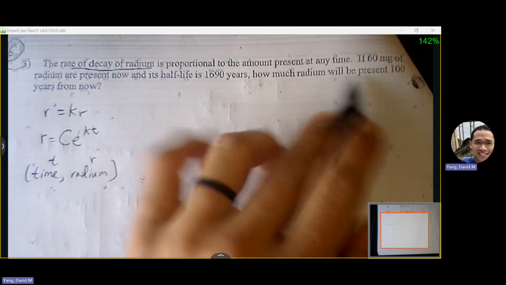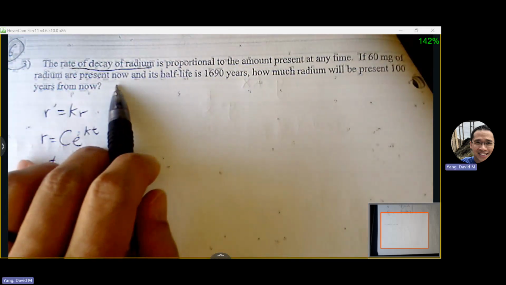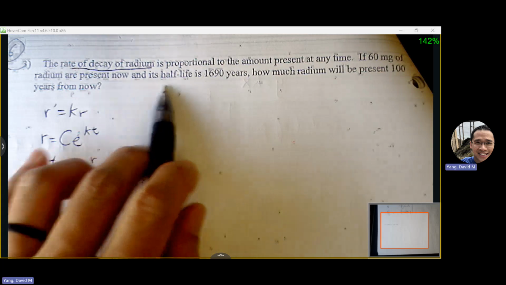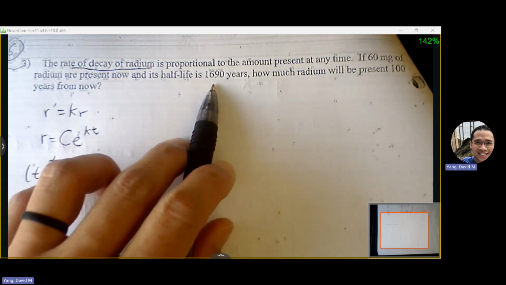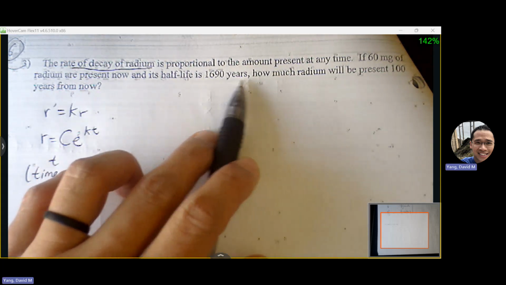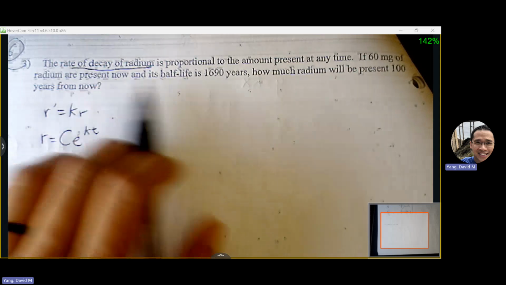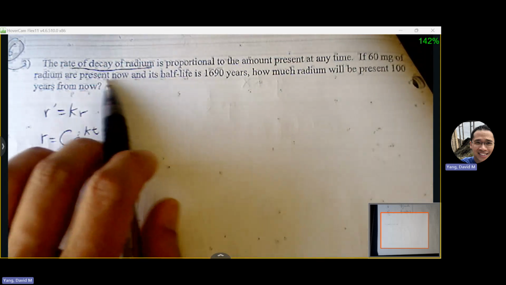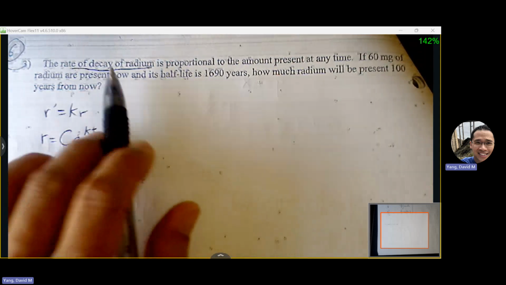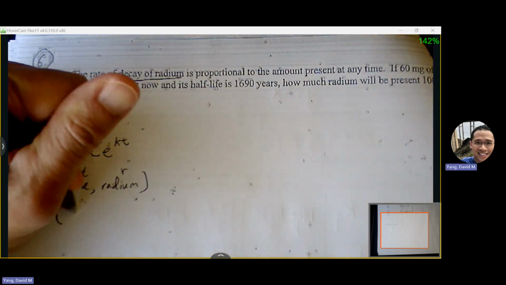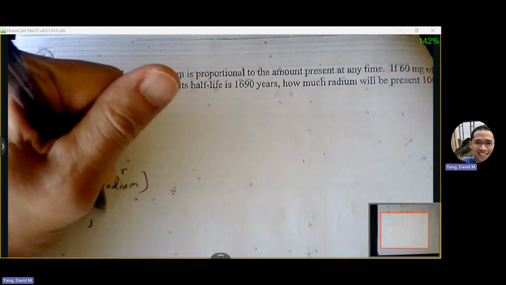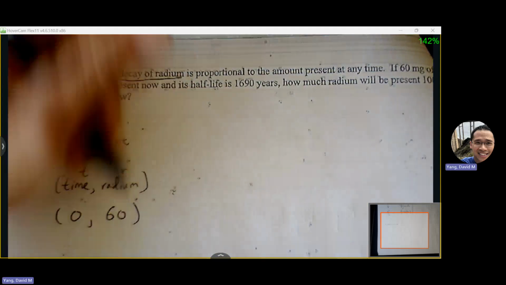So if 60 milligrams of radium are present now, and its half-life is 1,690 years, how much radium will be present 100 years from now? So present day is going to be year 0. Current day, we have 60 milligrams of radium.